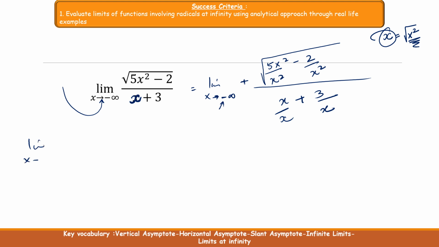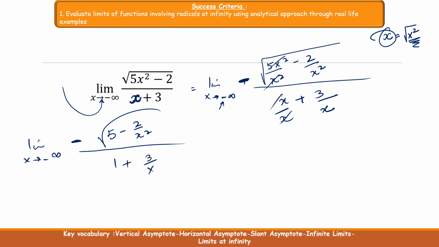Let's see here. First of all, since it is negative infinity, I will write the negative before the square root. So I will get 5 minus 2 over x square, and here x and x cancel, so 1 plus 3 over x. Now when you apply the limit, don't write the negative sign because we already have written a negative sign over here.